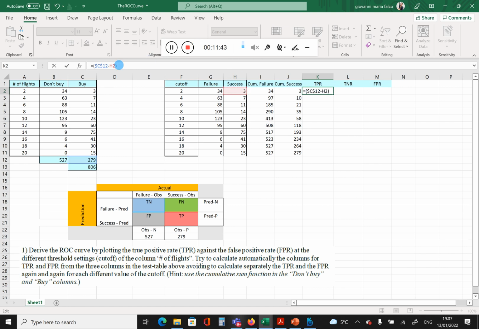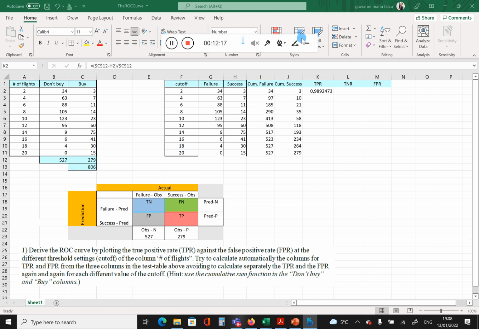Okay, and then I divide by all the observed positive, and this again is 279, and this must also be constant. Okay, enter. So you see this value gives me the true positive rate in the case of the cutoff at 2.